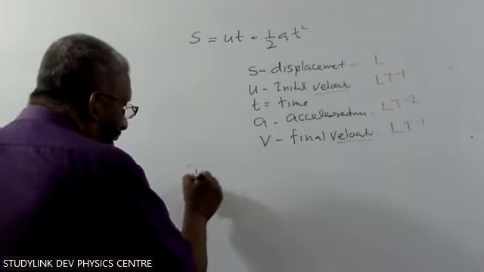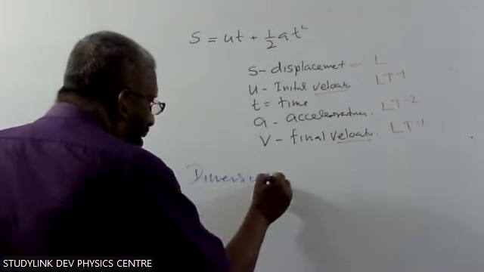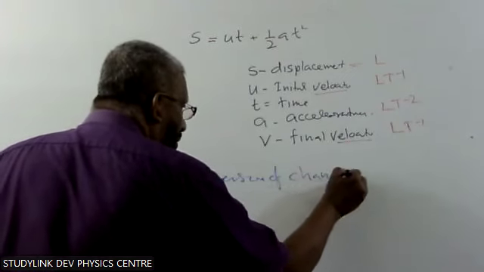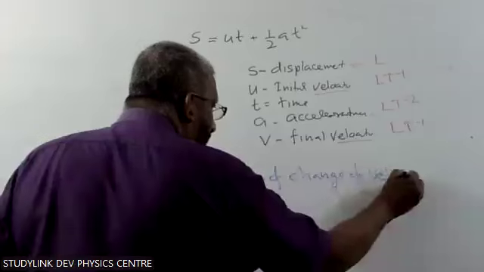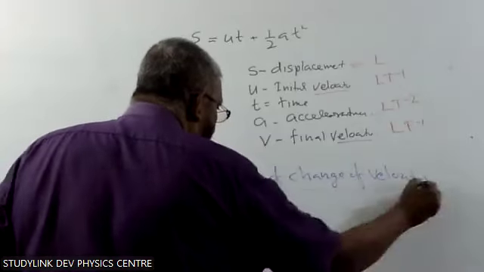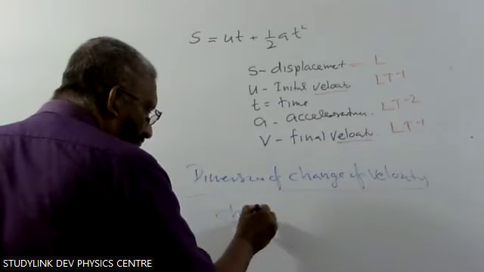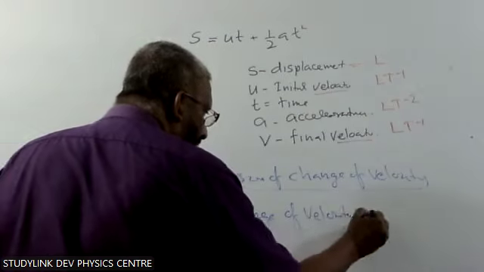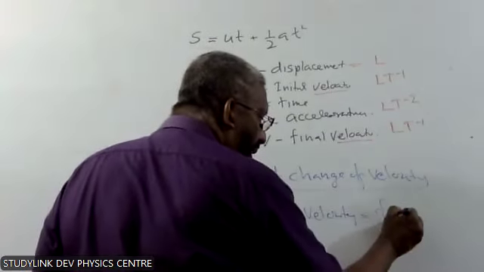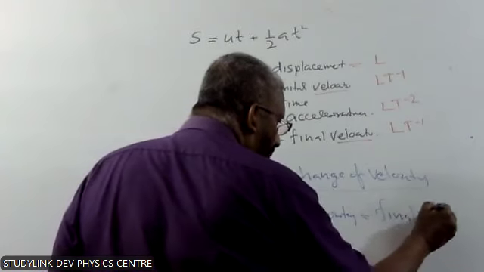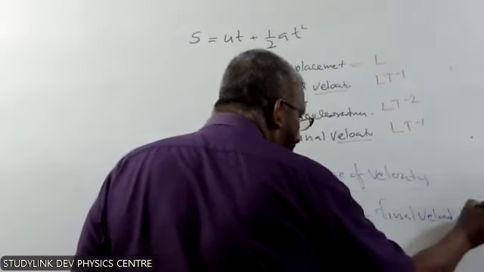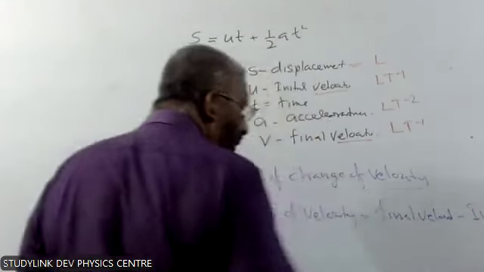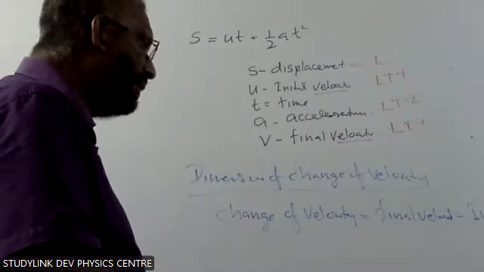That means the dimension of change of velocity. Change of velocity means change of velocity is equal to final velocity minus initial velocity.